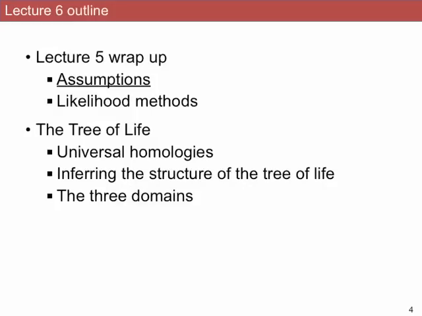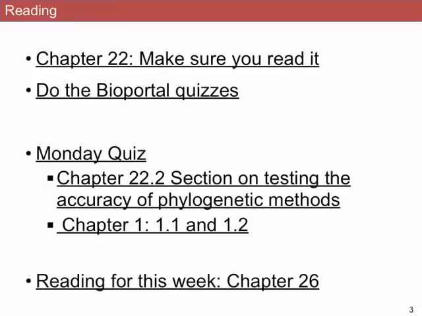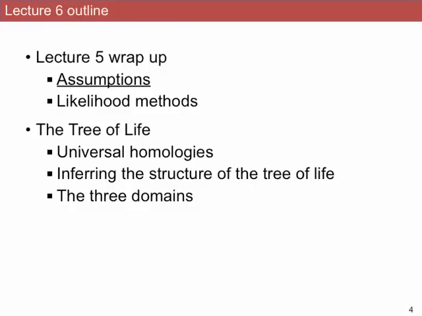And then the reading for this week, for part of the Monday lecture this evening and Wednesday and Friday, is chapter 26. So we're going to do this wrap-up of the one thing I got to at the end of the last lecture, which relates to phylogenetic methods, in particular, well, 2 things really. One relates to assumptions that are made about the parsimony reconstruction methods, and I started going into this discussion of counting different types of changes differently, and I'm going to finish that conversation.